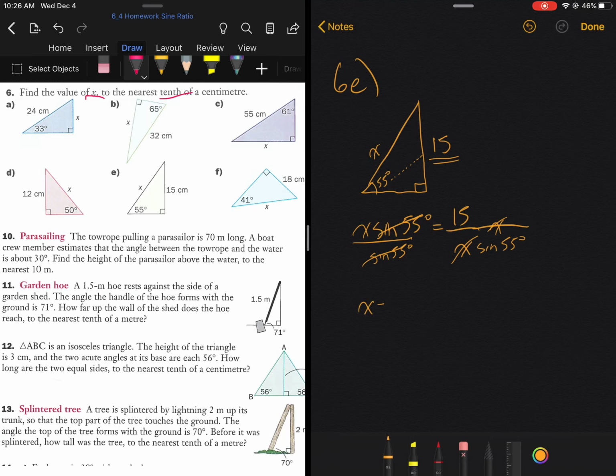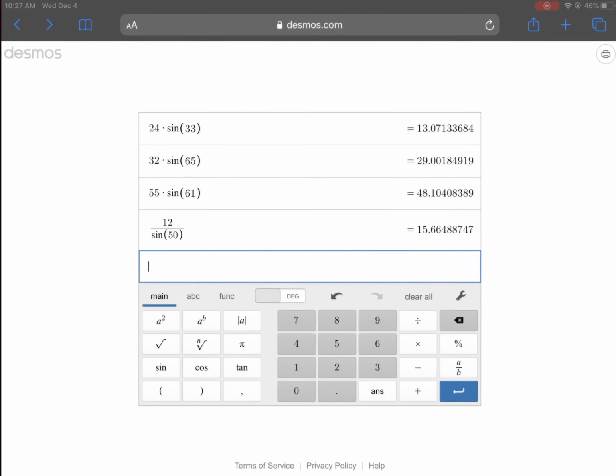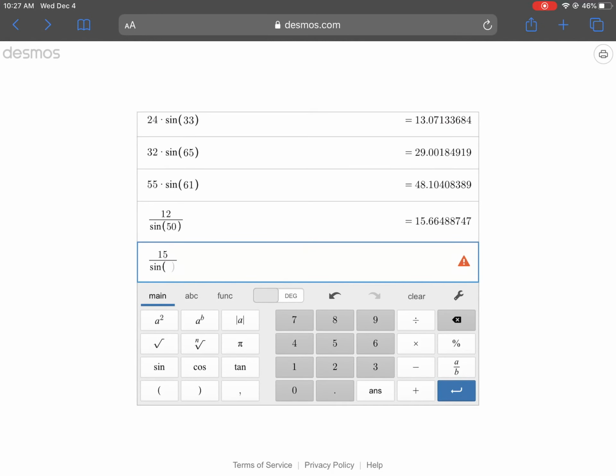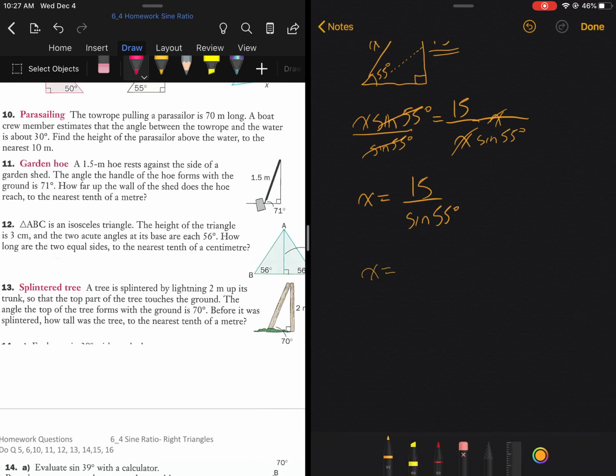And we end up with x equal to 15 divided by sine of 55 degrees. 15 divided by sine of 55 is 18.3. So x is equal to 18.3 centimeters.